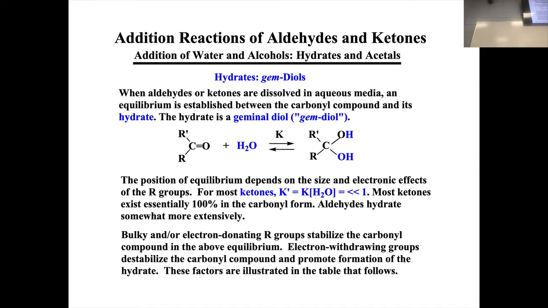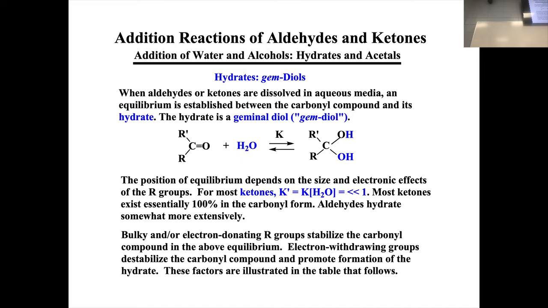Now it turns out that you can take a carbonyl, be it an aldehyde or a ketone, and you can actually add water across the carbon-oxygen double bond to make what's called a gem-diol.